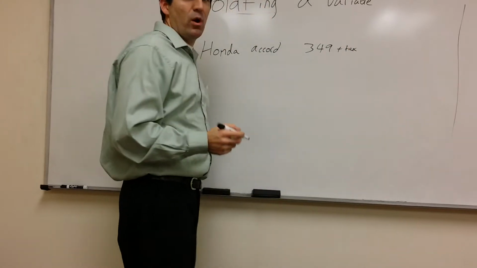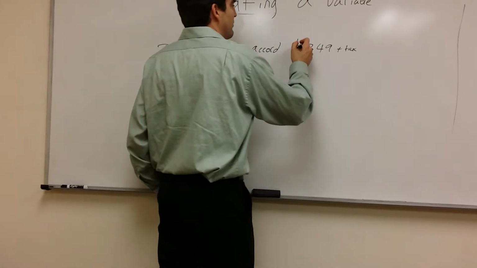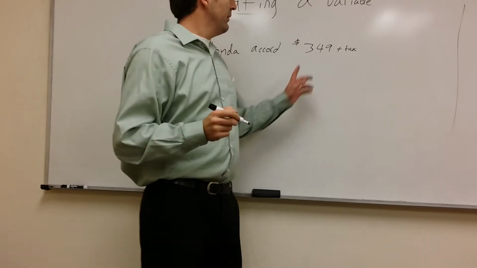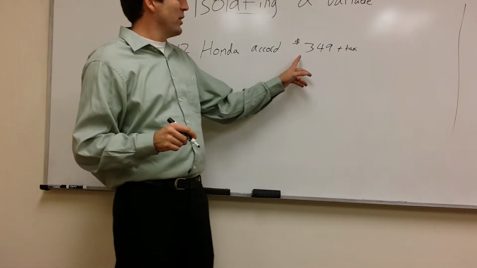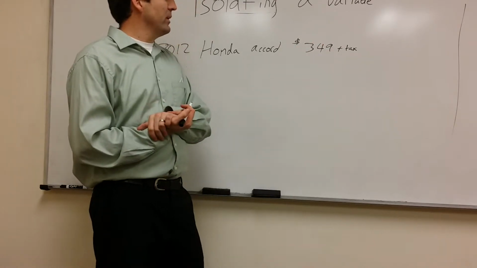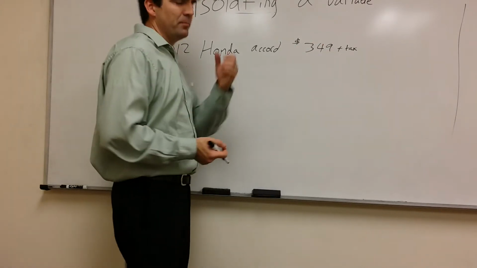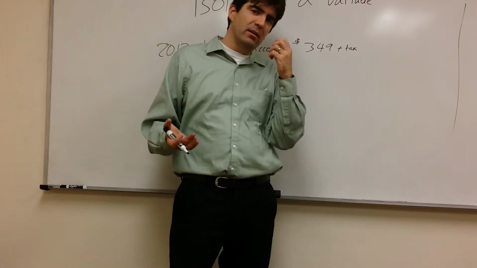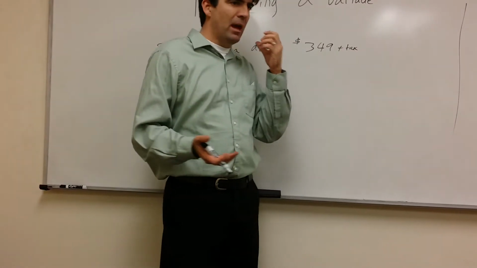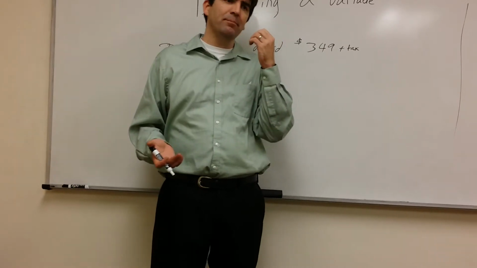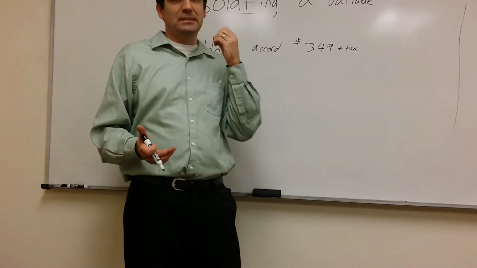This is in the state of Washington, where they have sales tax. All right, here in Oregon, we don't. You're watching this remotely. So, $349 plus tax. Now, sometimes people would call in and say, okay, I've got a 2012 Honda Accord, how much is the window going to be? And they say, it's going to be $349 plus tax.